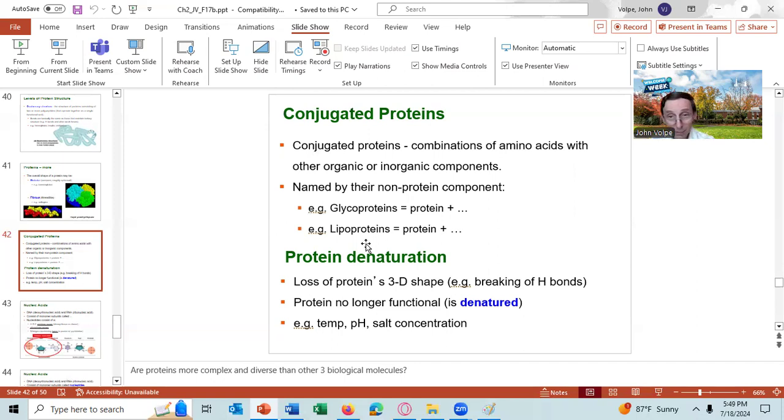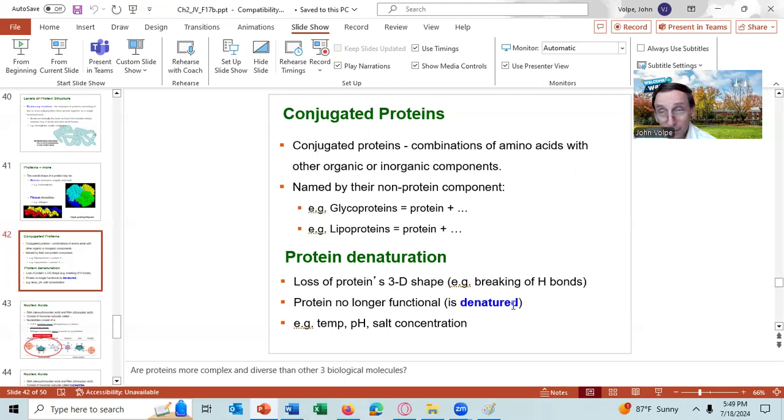In the denaturation, you can break hydrogen bonds, you can break ionic bonds, you can break, obviously, van der Waals forces easily, and that can cause the protein to lose its three-dimensional shape and be denatured. However, you can also cause the protein to become denatured if you form bonds that should not be there.